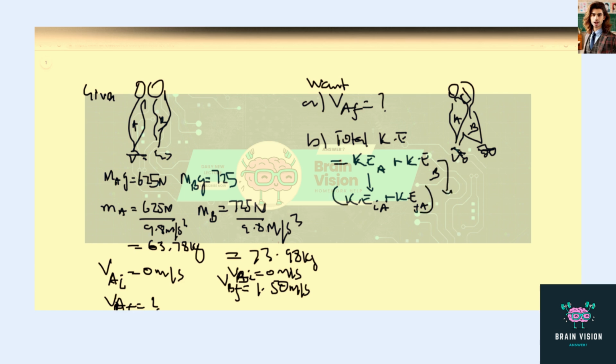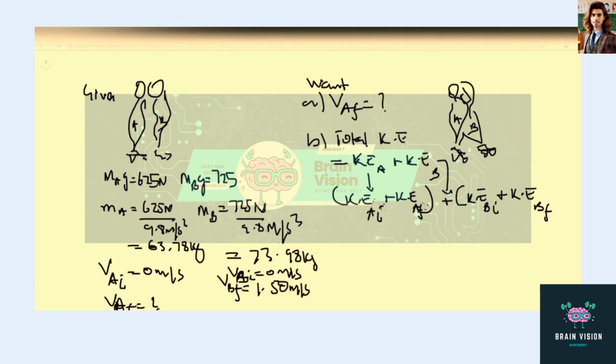The other part would be plus the initial kinetic energy of B plus the final kinetic energy of B. So I'm just going to change this to make things a little more comfortable, to follow the same convention. We have to follow some type of convention right here. So this would be A initial, and this is A final, like that.